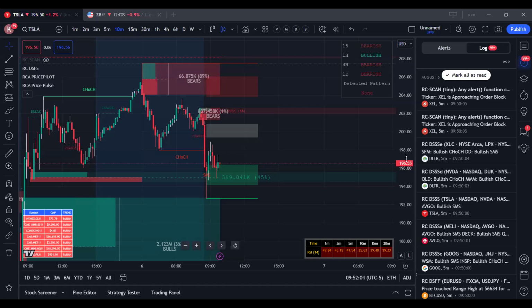I'm holding GB because overall it is at the bottom. Even if it goes a little bit down, again it will bounce back.